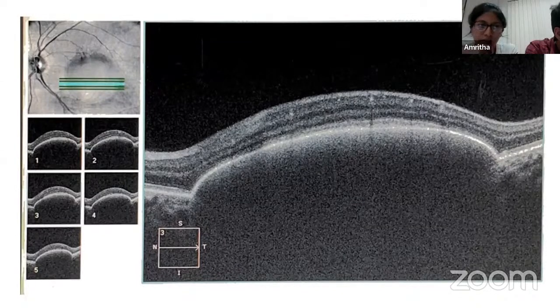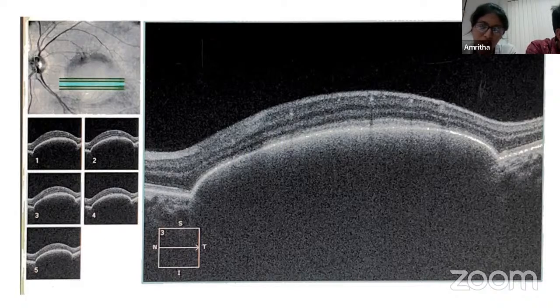Again, this is the OCT image of a patient's left eye. Here also there is a dome-shaped elevation, which is separating the retinal pigment epithelium from the underlying Bruch's membrane, and there is a space. It is not uniformly, homogeneously hyporeflective.